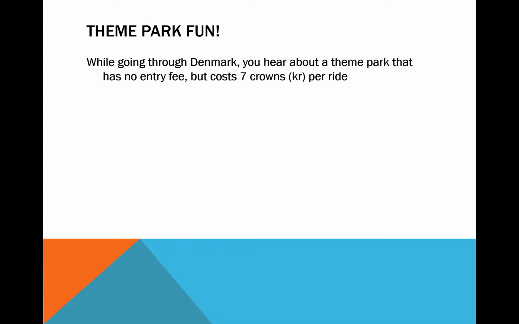Okay, while you're going through Denmark, you hear about a theme park that has no entry fee but costs 7 crowns per ride. Oh, wait, where are my manners? A Bluey character breeds through the American Kennel Club. I got so excited about our record. Snickers. The famously long, low silhouette, ever alert expression, and bold, vivacious personality have made him a superstar of the canine kingdom. It is not a Chihuahua. They don't use his correct breed name, but they do call him something that's similar.